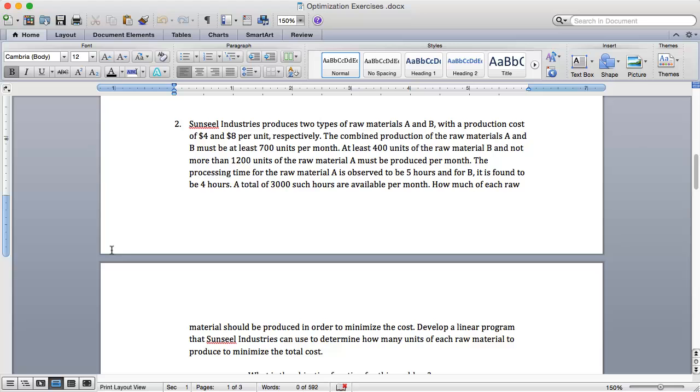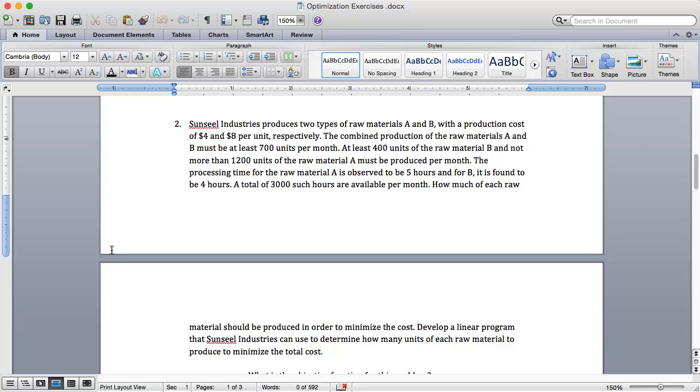Now we have some production constraints. These aren't the same as the constraints in the bakery problem in that those were resource constraints, a limited amount of each ingredient. Here, these are some production constraints related to, for example, demand.